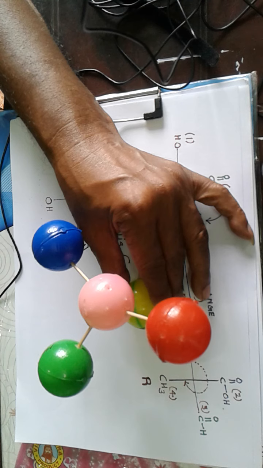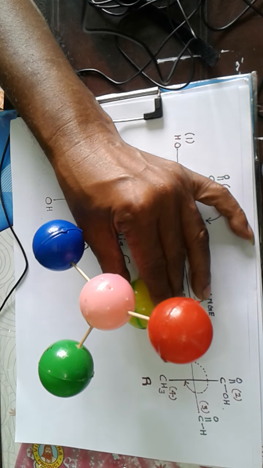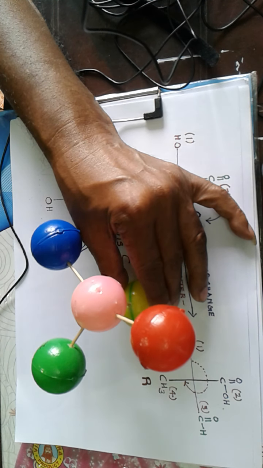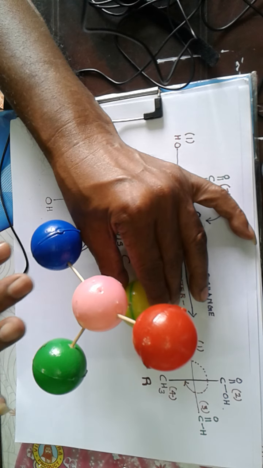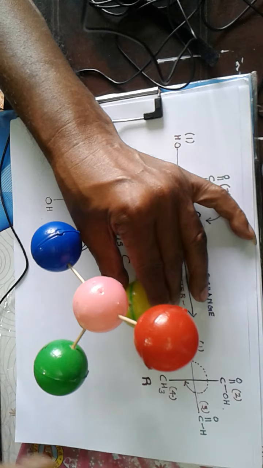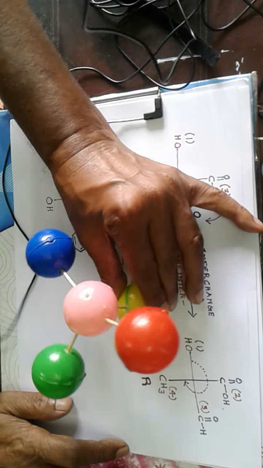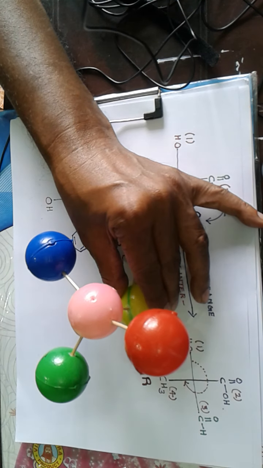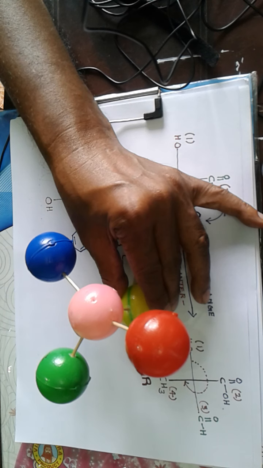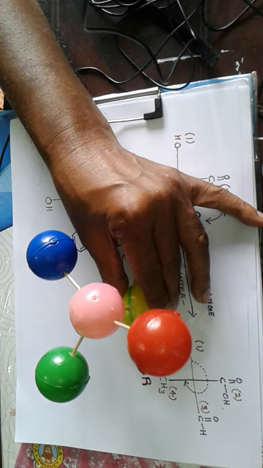Then the third is chlorine, and fluorine is having the least atomic weight, which is kept away from the observer. Now the order is 1, 2, 3, and the direction is clockwise, so that we say this configuration is R.